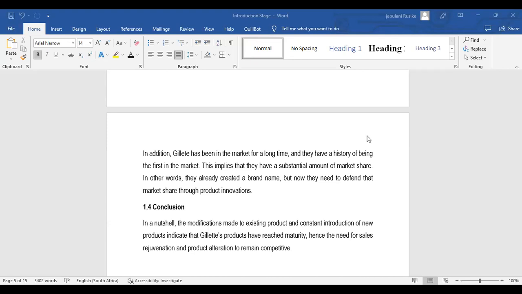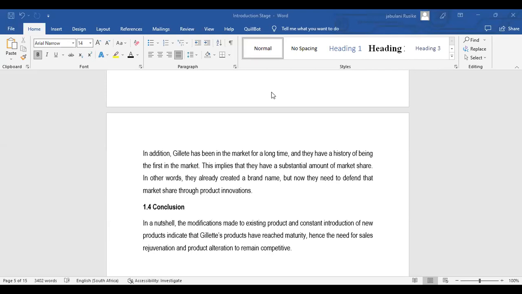Of the concept, not just to write theory, because anyone can just copy from the internet and paste without even knowing what that concept means. Now, by linking it to the case study, you are showing your understanding of the concept of product life cycle.